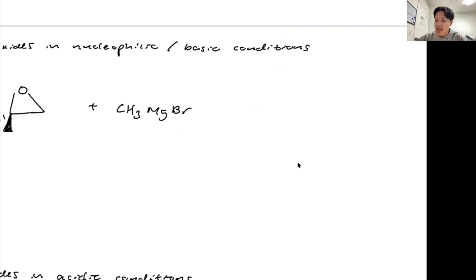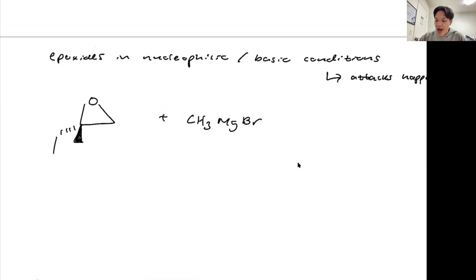And in basic conditions, attacks happen SN2. Okay? So we have two carbons here that aren't even, right? This carbon is not the same as this carbon because this carbon has more groups on it, but this one doesn't.